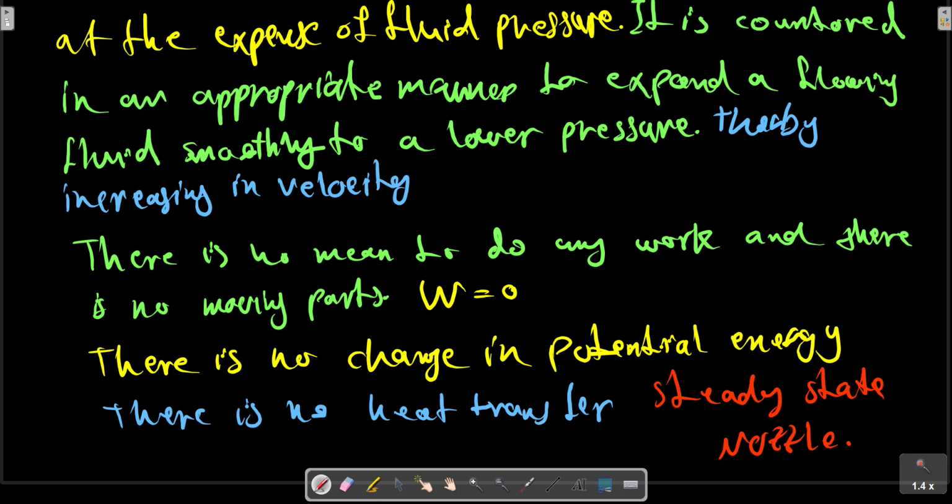In addition, the kinetic energy of the fluid at the nozzle inlet is usually small and would be negligible if the value is not known.